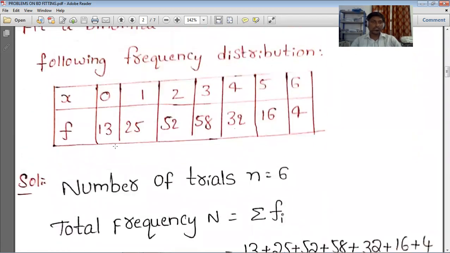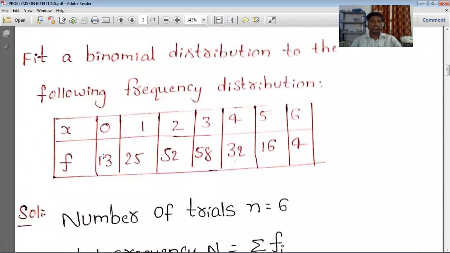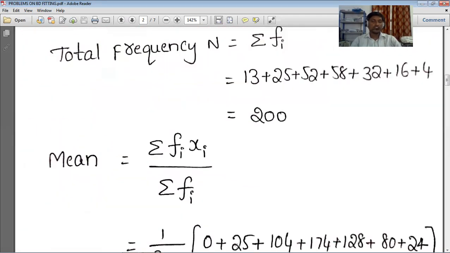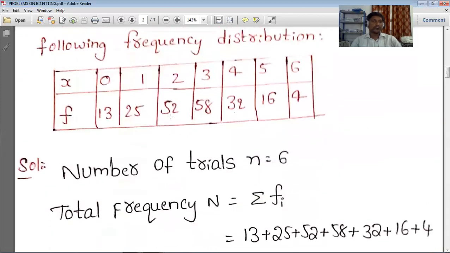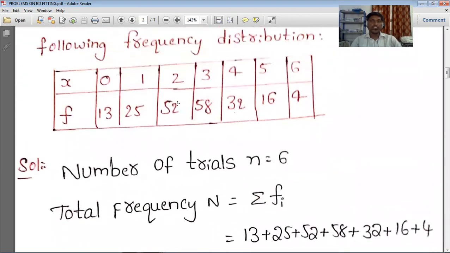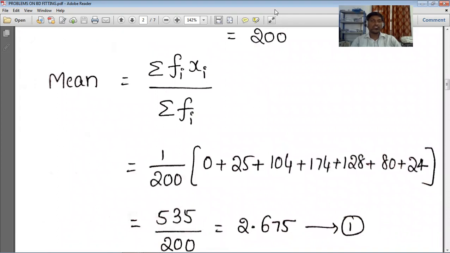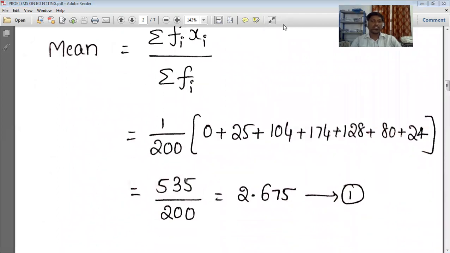We multiply the observations with the observed frequencies: 0 into 13 plus 1 into 25 plus 2 into 52, that is 104, plus 3 into 58 plus 4 into 32 plus 5 into 16 plus 6 into 4. Adding, we get 535 by 200, which equals 2.675. This is the actual mean.